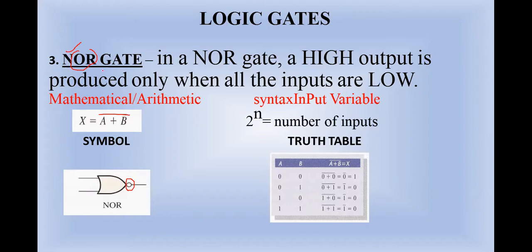And by its definition, in a NOR gate, a high output is produced only when all the inputs are low. So look at this. When both of the inputs are low, they are all zeros, it will give you a 1. And if you've got a very bad memory, you mess up these things in the exam room and you end up failing.